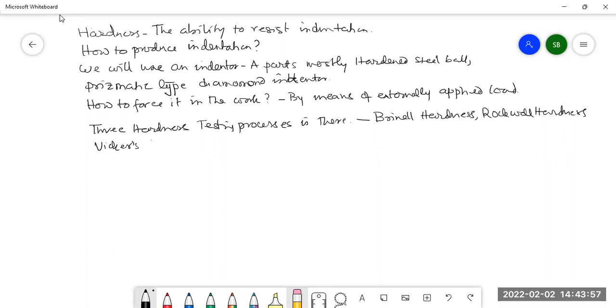Vickers hardness. Now, what is the difference between these?